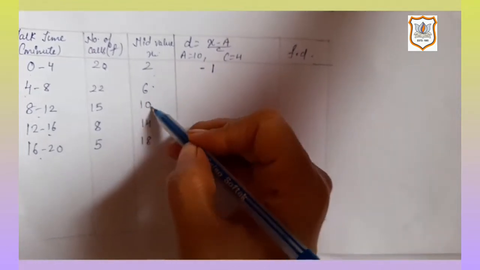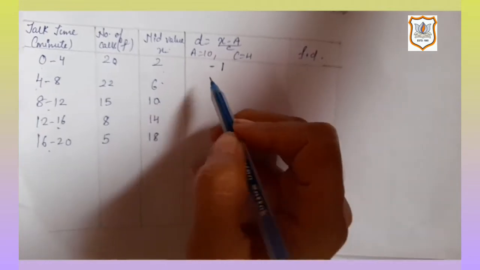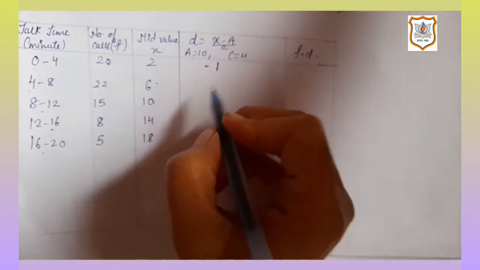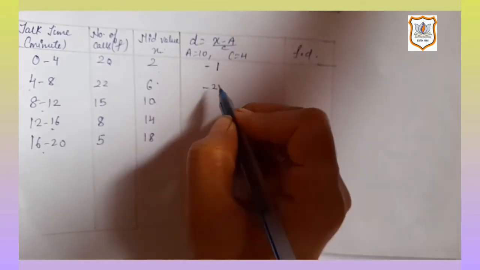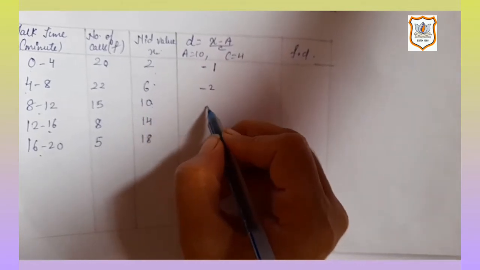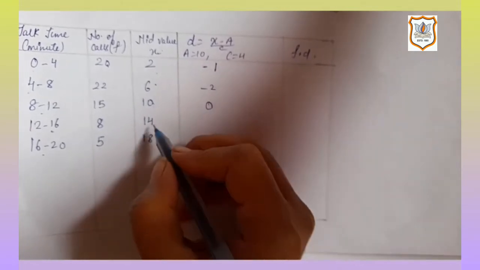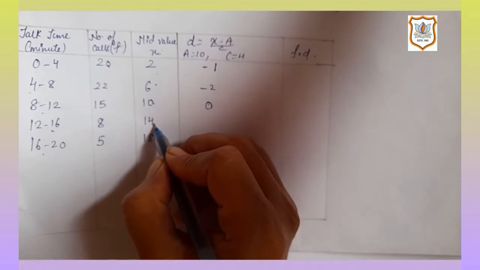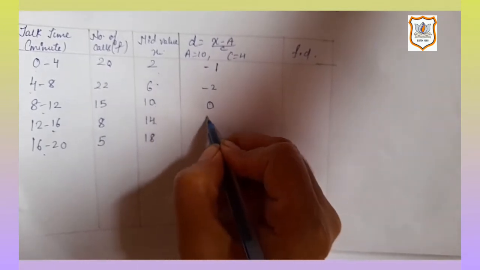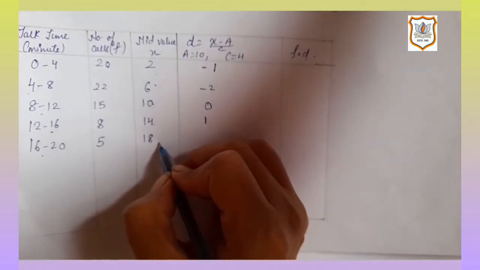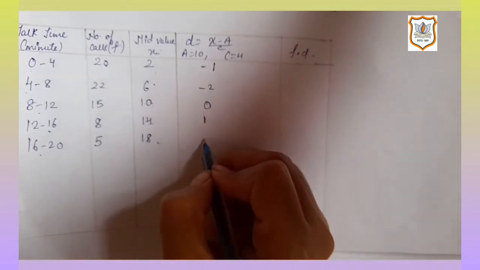Then 6 minus 10 divided by 4 will give you minus 1. Then 10 minus 10 divided by 4, that is 0. Then 14 minus 10 divided by 4, that is 1. 18 minus 10 divided by 4 will give you 2.